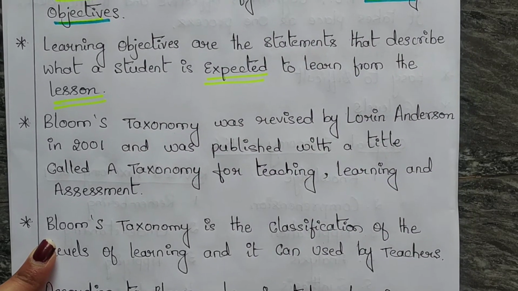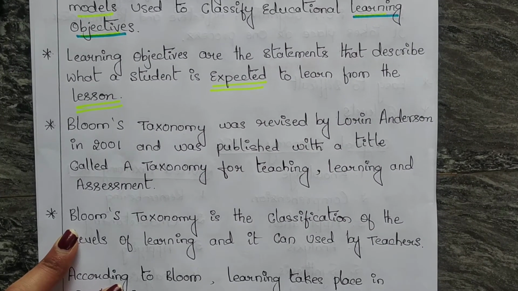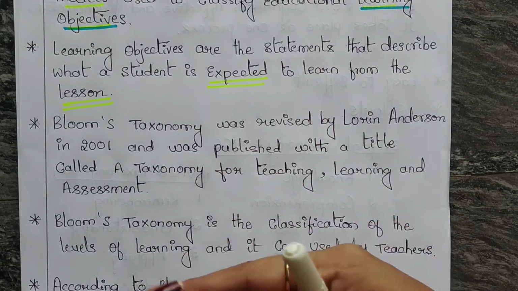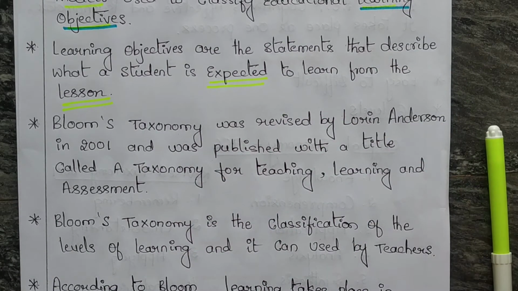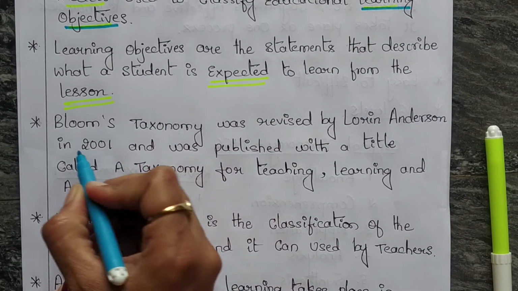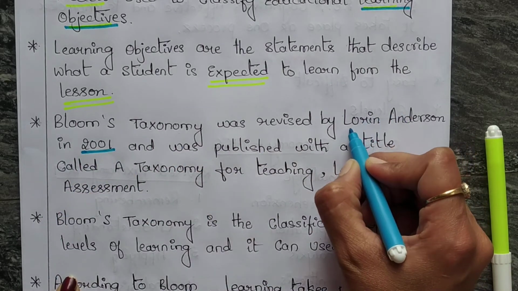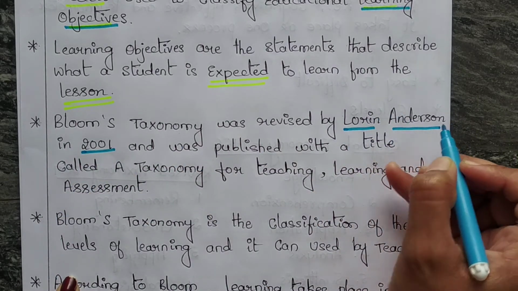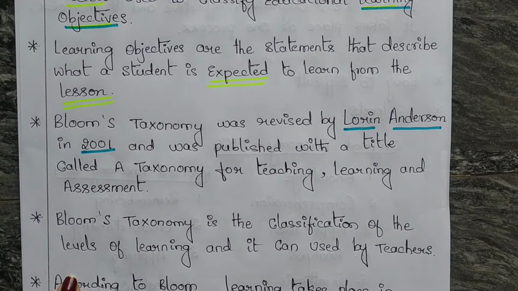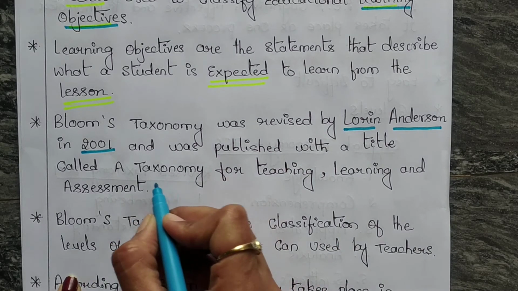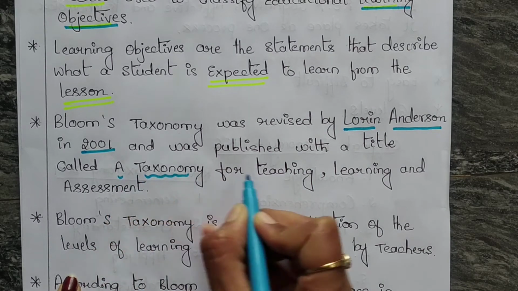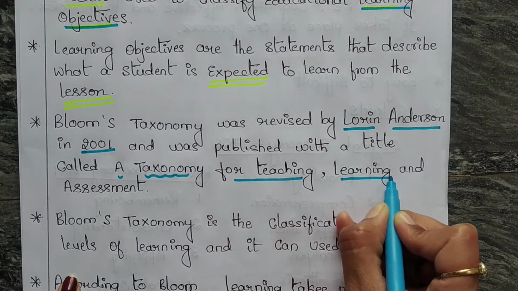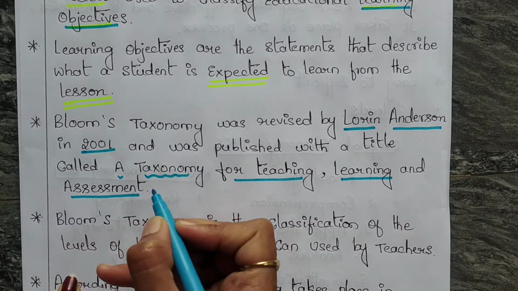And Bloom's taxonomy was revised in the year 2001 by Lorin Anderson, and this was published with a title called A Taxonomy for Teaching, Learning and Assessment.